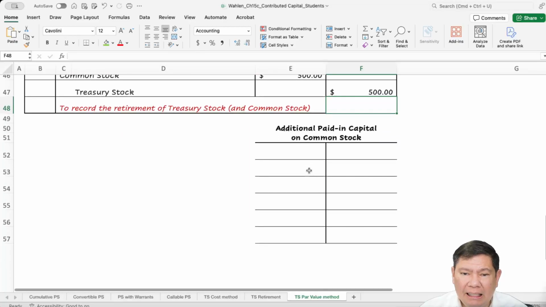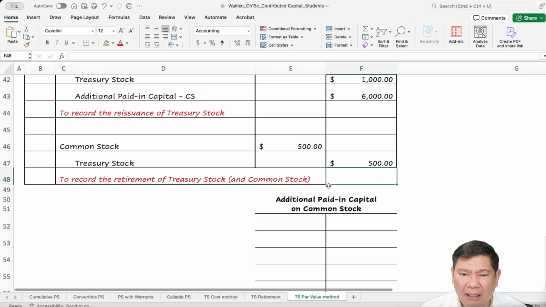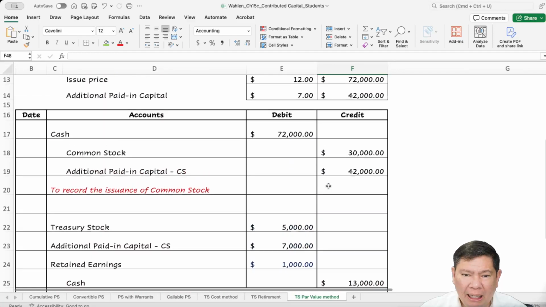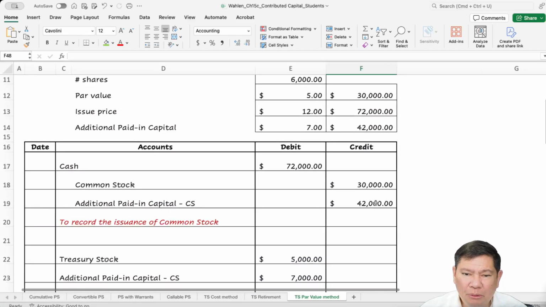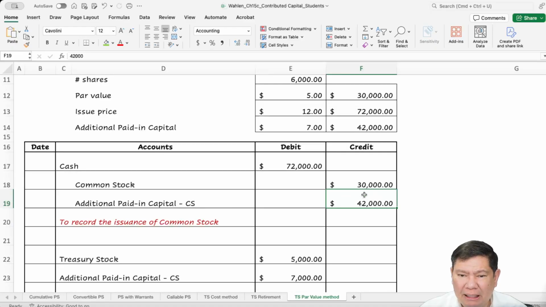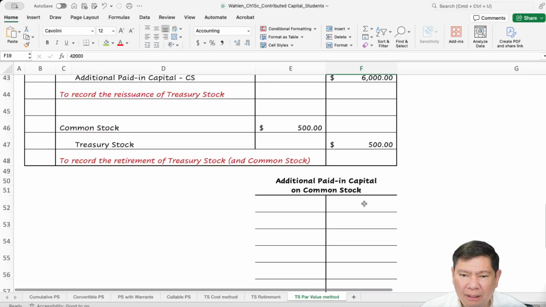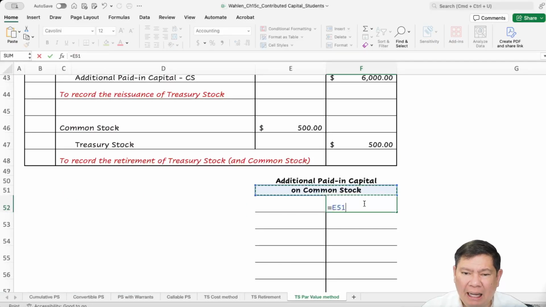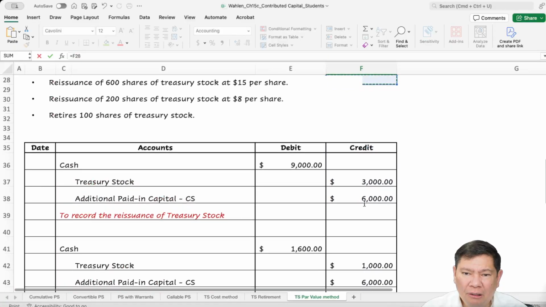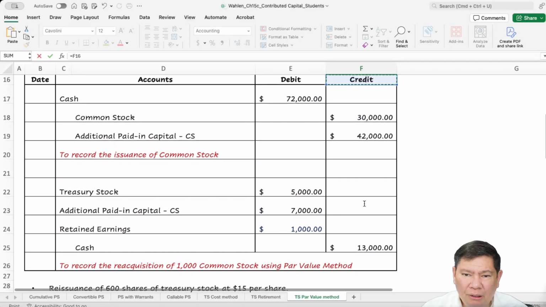Now, there is a T account here for the additional paid-in capital that we can use to see the movement. So when we first issue the stock, we have additional paid-in capital on common stock for $42,000.